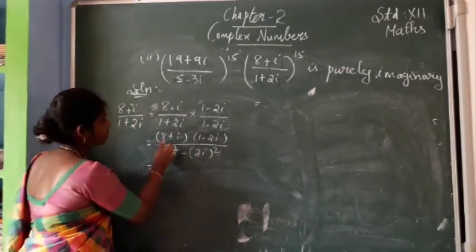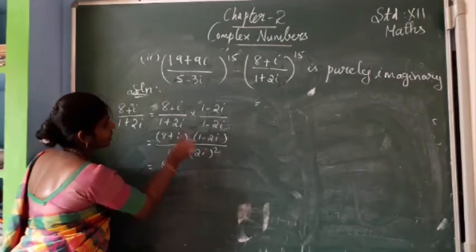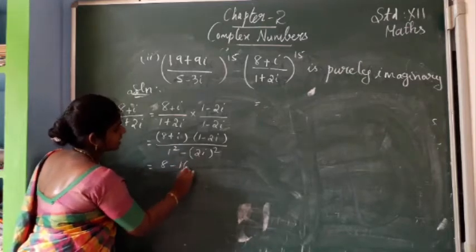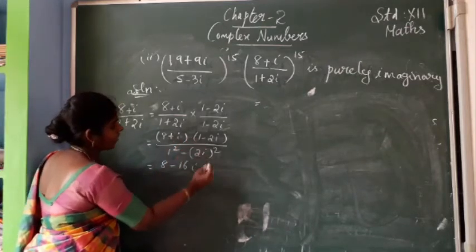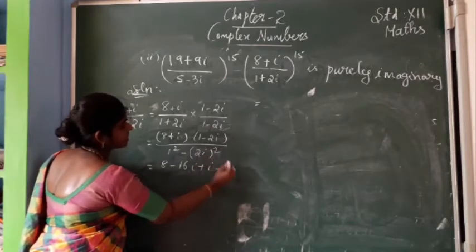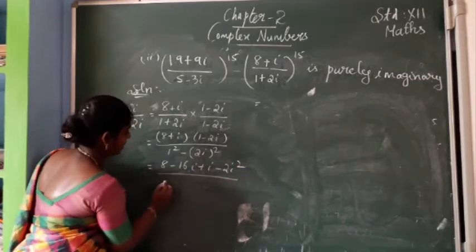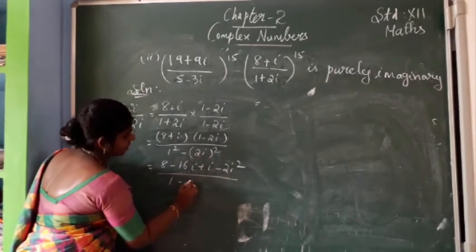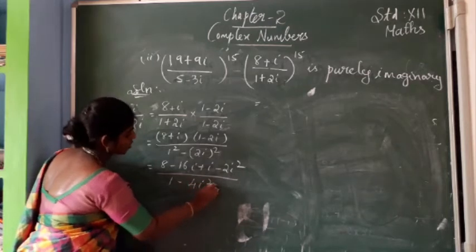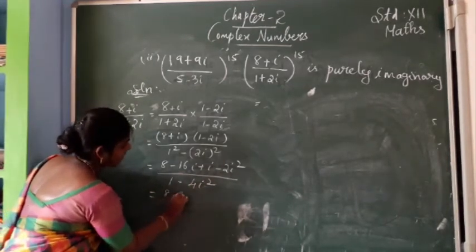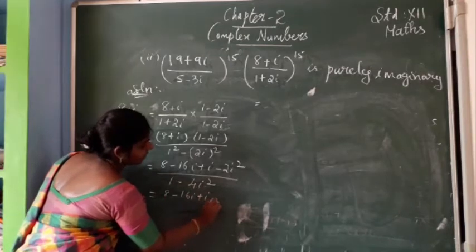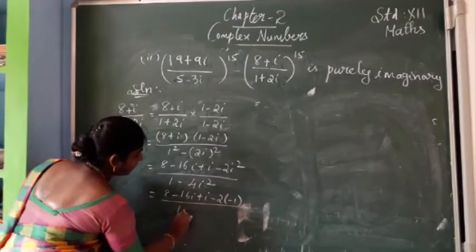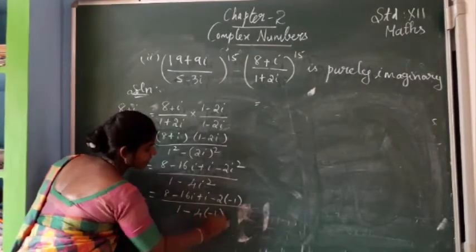That's equal to, multiply 8 into 1, 8, then 8 into minus 2i, minus 16i, then plus i into 1, plus i, minus 2i square, divided by 1 minus (2i) whole square, so 4i square. That's equal to 8 minus 16i plus i minus 2 into i square, where the value is minus 1, divided by 1 minus 4 into i square, where the value is minus 1.